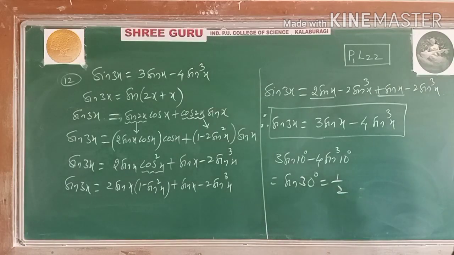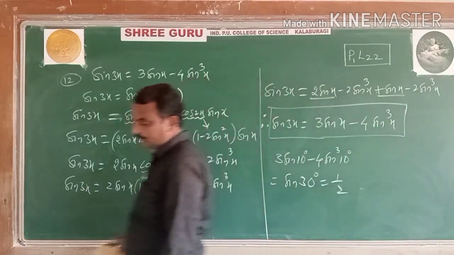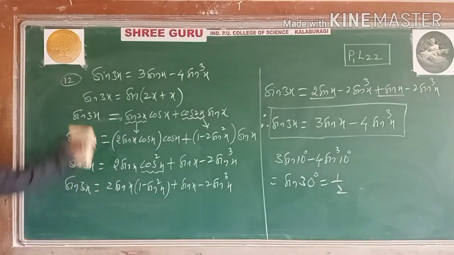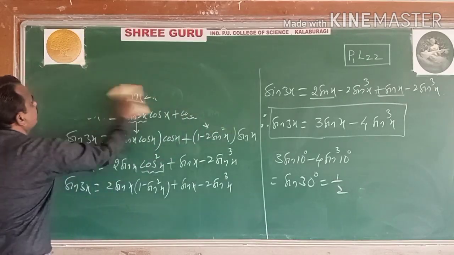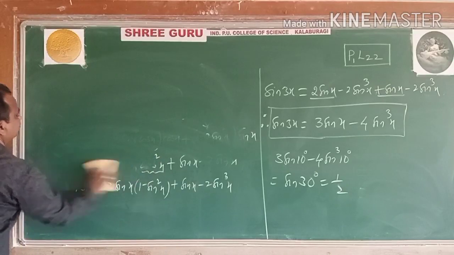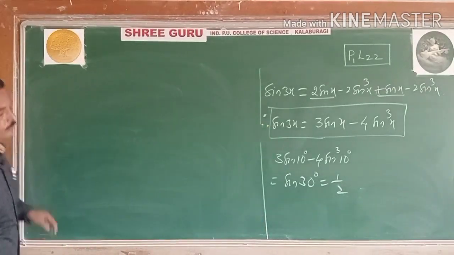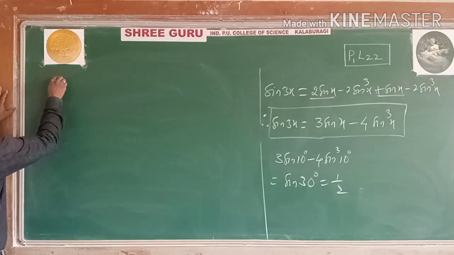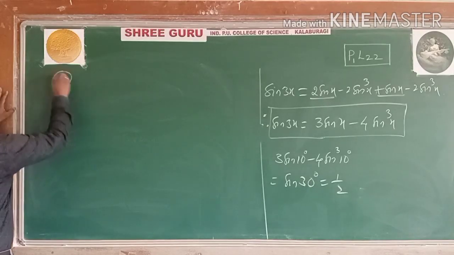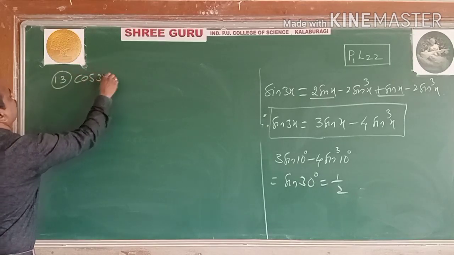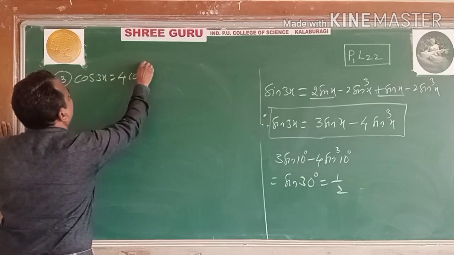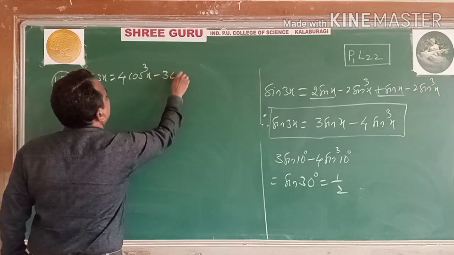So this is about the sin of 3x. Next, you will go for cos 3x similarly. See the students, cos of 3x. This is the 13th one. Cos 3x is 4 cos cube x minus 3 cos x.